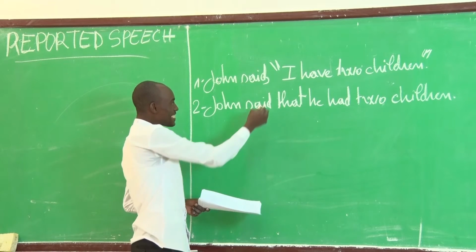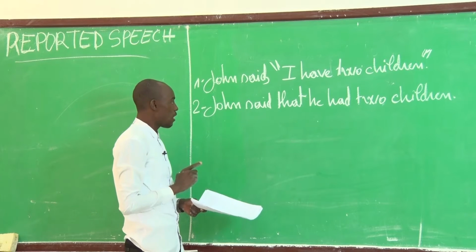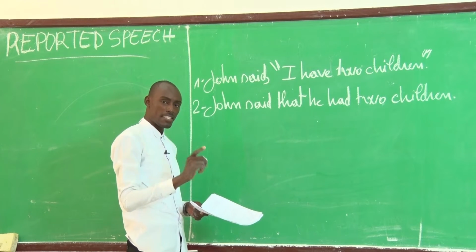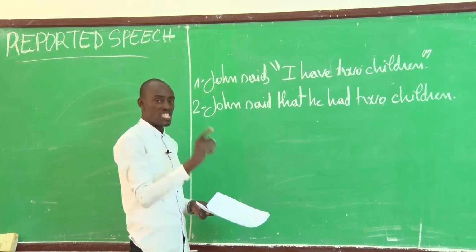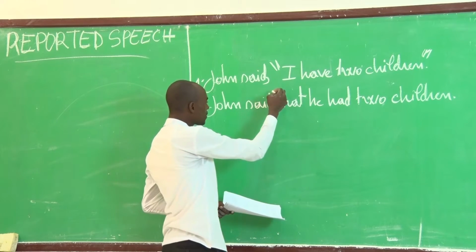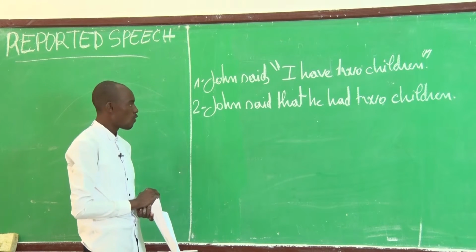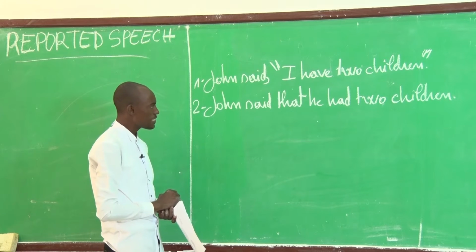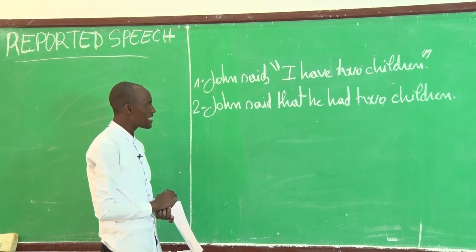It means that this sentence is in direct speech. Now, in the second sentence, we remark that these inverted commas disappear. We have also remarked that there is a change in the verb tense.